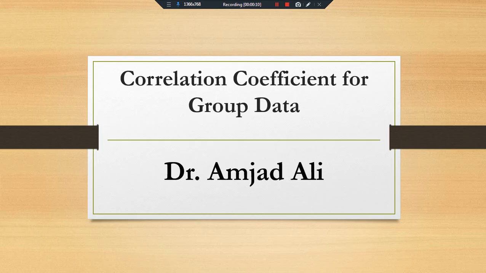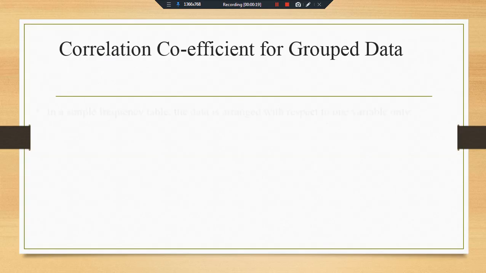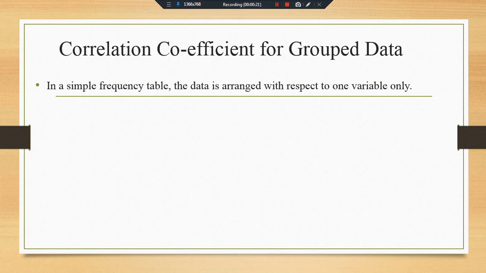As previously, we have covered our simple correlation methodology when we have one variable or one frequency table. If a simple frequency table has the data arranged with respect to one variable only, this is called simple correlation.